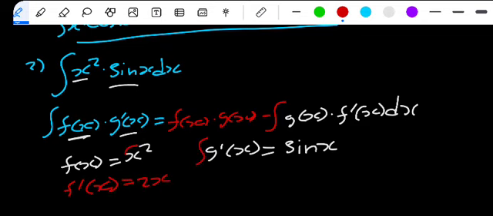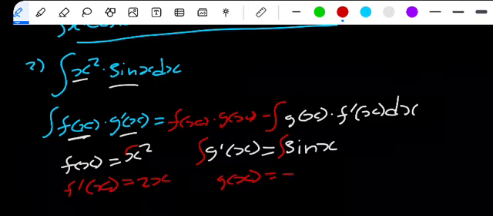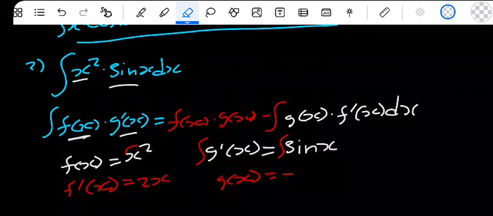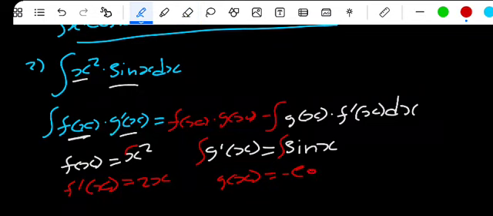Then we integrate both sides to get g of x. Remember, integrating sine gives a negative cos x. This is what we have.